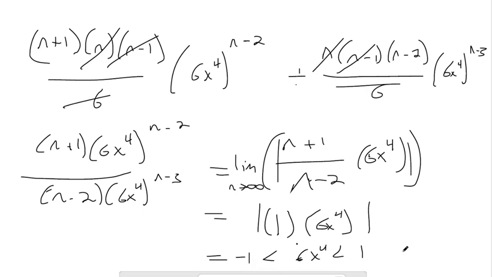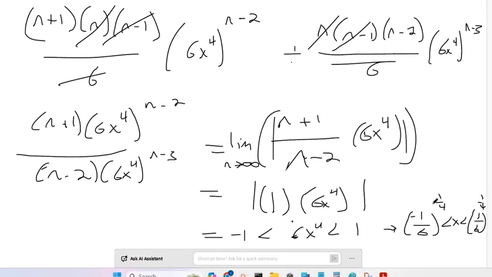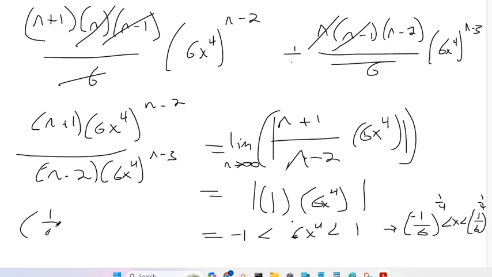So if you divide both sides by 6, and then raise both sides to the 1/4 power, then we're going to get -1 over 6 to the 1/4 power, that's less than x, which is less than the same thing except positive. So that's the radius of convergence. 1 over 6 to the 1/4.